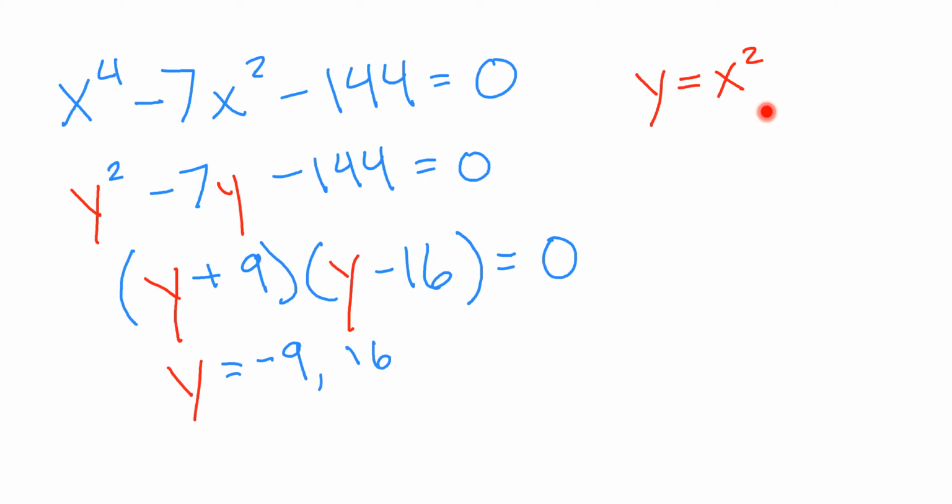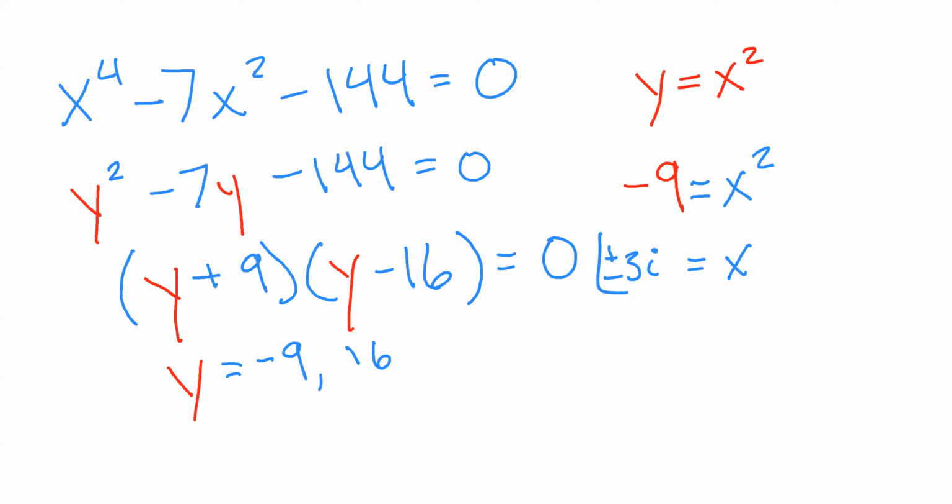So let's solve those. If y is -9, then we have that -9 is equal to x squared. And to solve this guy, we are just going to take the square root of both sides using our square root property, and we'll get that x is equal to plus or minus 3i, right? Because we're taking the square root of a negative number, so we've got that imaginary piece.